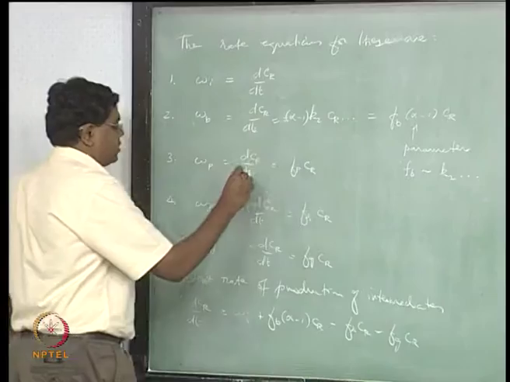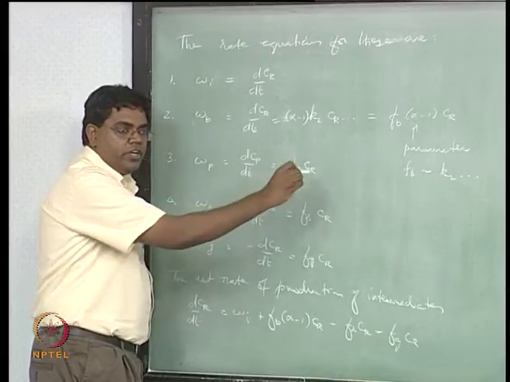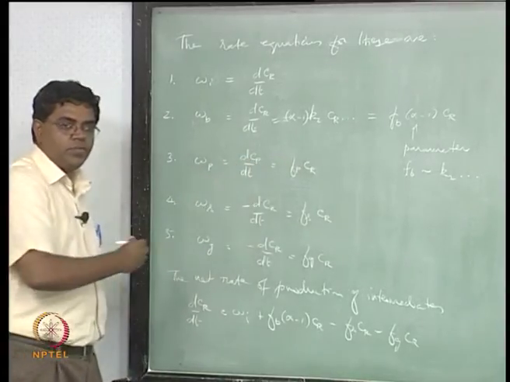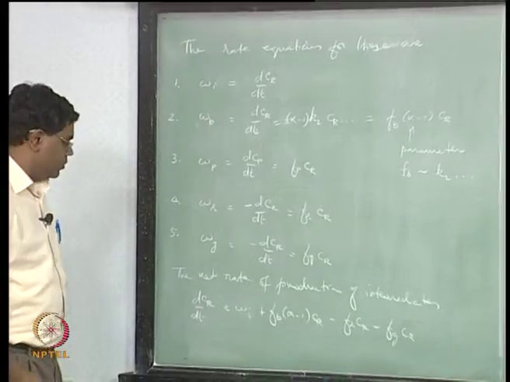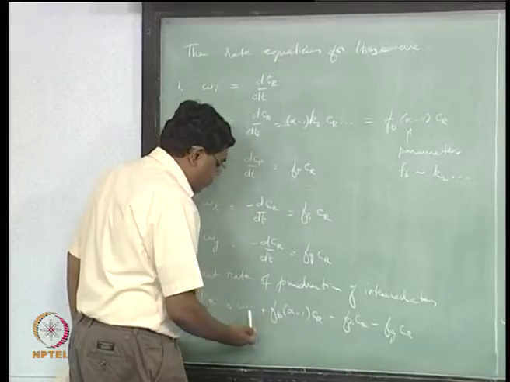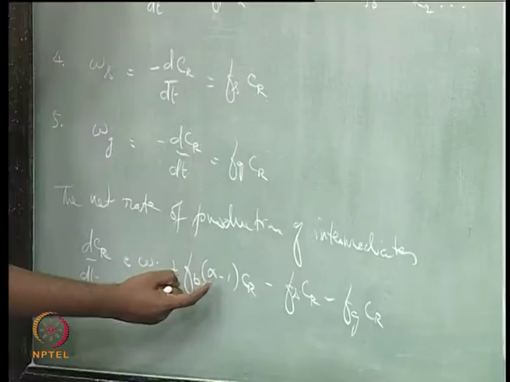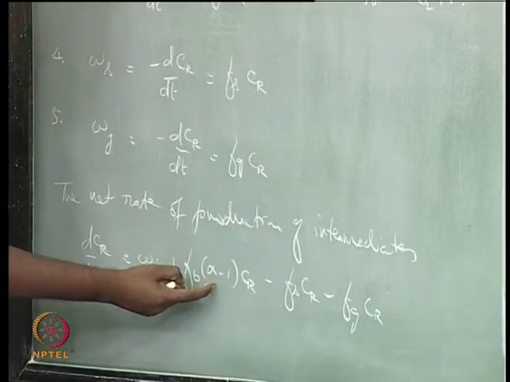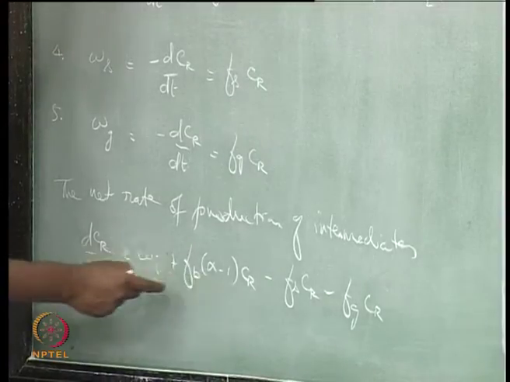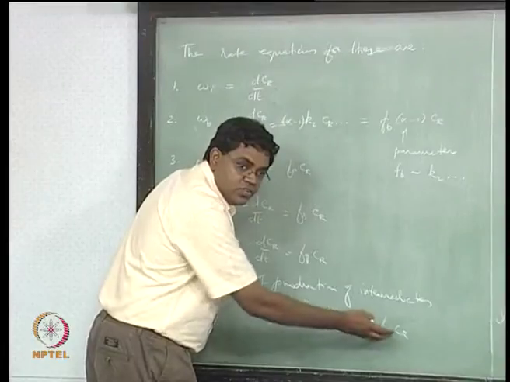The third reaction did not have a net rate of production of intermediates at all, because it's a propagation reaction. Therefore, we have only 4 reactions that are contributing here. Two of them are where things are produced if alpha is greater than 1. If alpha is less than 1, this would mean consumption anyway, and obviously here the radicals are getting consumed.